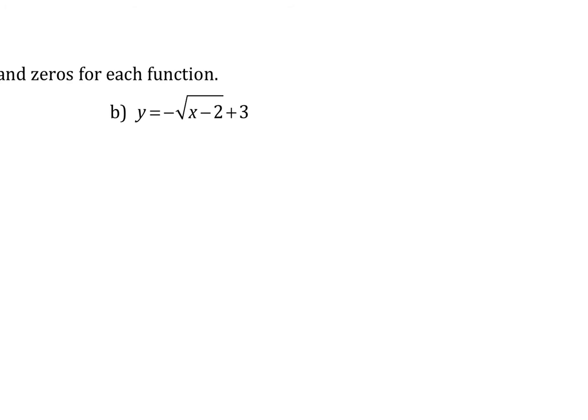So your graph is going to look a little bit like this. So we have (2, 3), down and to the right. You can model it that way, or we can do it based off of our knowledge of square roots. So I know that my radicand here is going to have to be greater than or equal to 0. So x is going to be greater than or equal to 2.